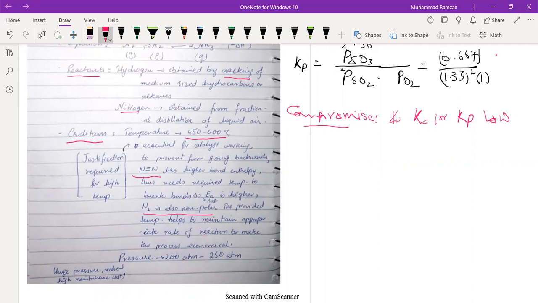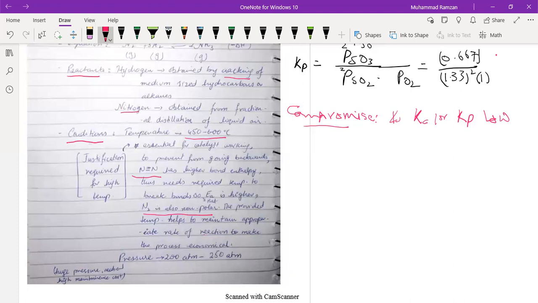It means when you give high pressure, it will enhance the rate of reaction. It means the yield that is obtained at dynamic equilibrium, you will get earlier.